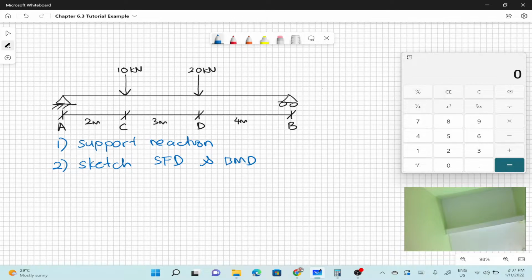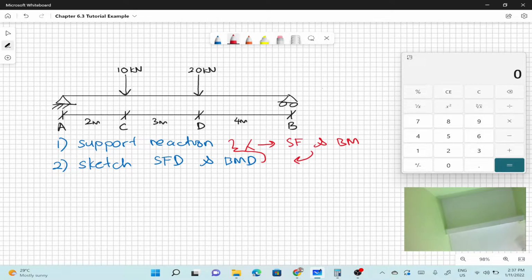Actually, if we go to the next semester, in between here there is another step. You should be able to calculate shear force and bending moment. So basically you are supposed to calculate shear force and bending moment first, and then sketch the shear force diagram and bending moment diagram from these values.